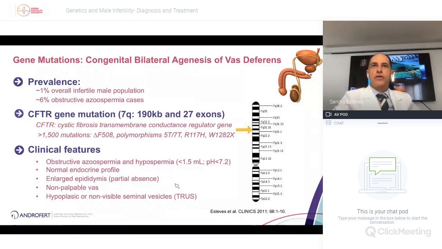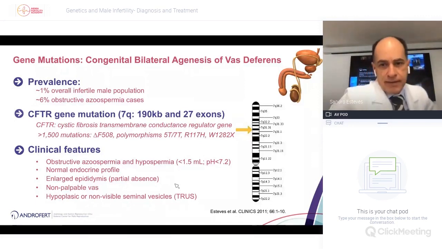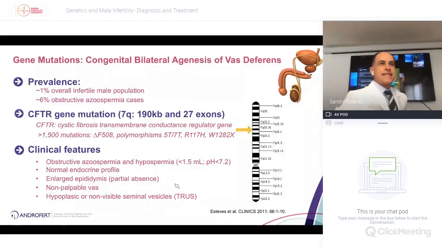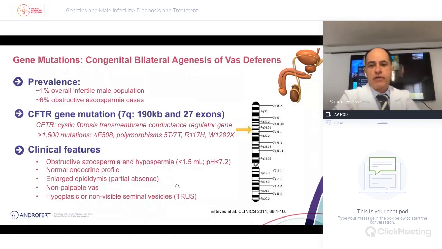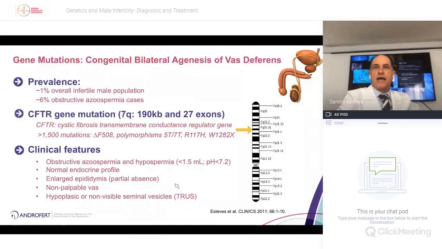The seminal vesicles are also responsible for neutralizing the acidity of semen. So when the semen has pH above 7.2, usually it means that the fluid coming from the seminal vesicles is quite okay. But when we have a problem with the seminal vesicles, in this case hypotrophy or even absence, we will have low volume and low pH.